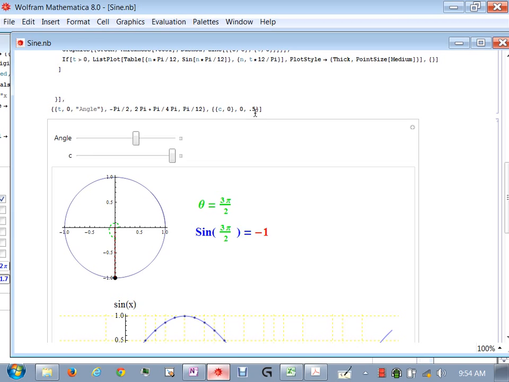So I want to kind of start talking in the language that I'm going to be talking later. Sine is -1, right? Sine is -1 at 3 pi over 2, plus any full rotation, right? 3 pi over 2 plus any full rotation. When I say that, I mean our answer is going to be 3 pi over 2 plus any full rotation, which is 2 pi k.